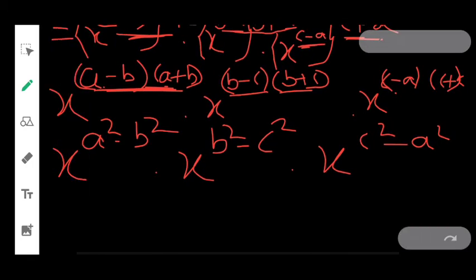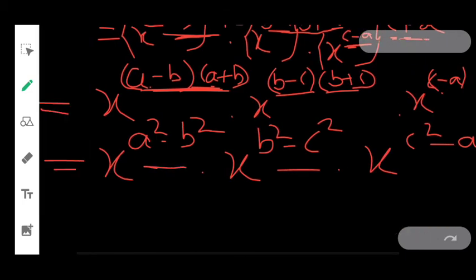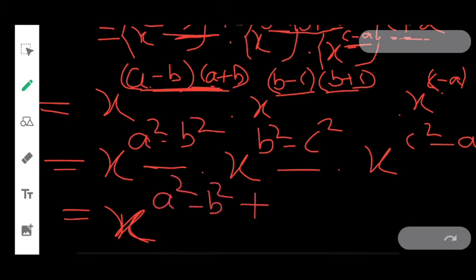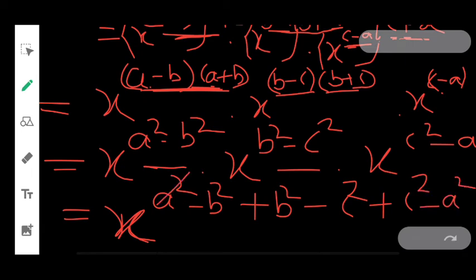So the bases are the same, and in multiplication we just add the exponents: x to the power a square minus b square plus b square minus c square plus c square minus a square.